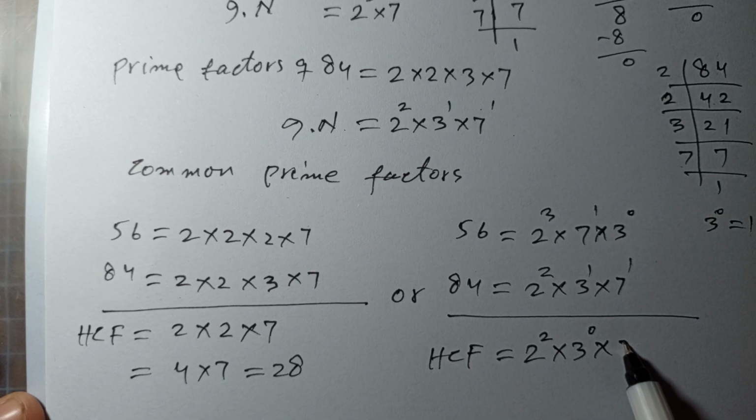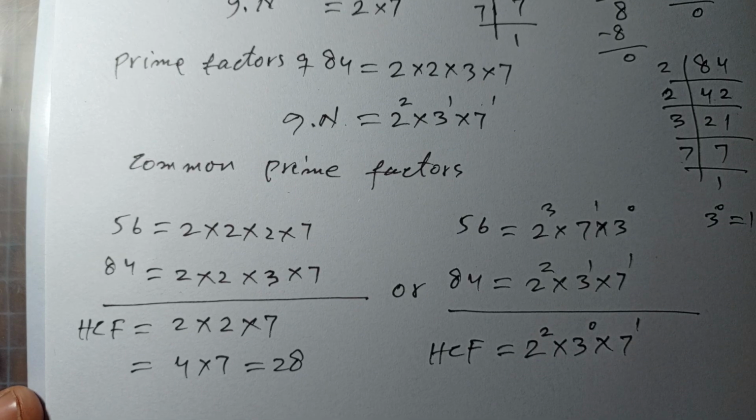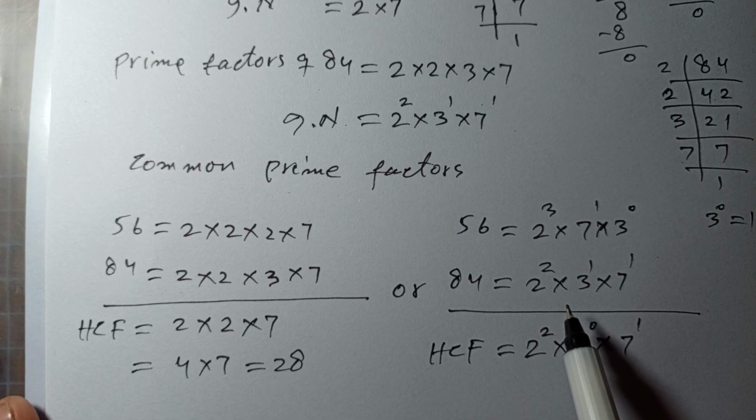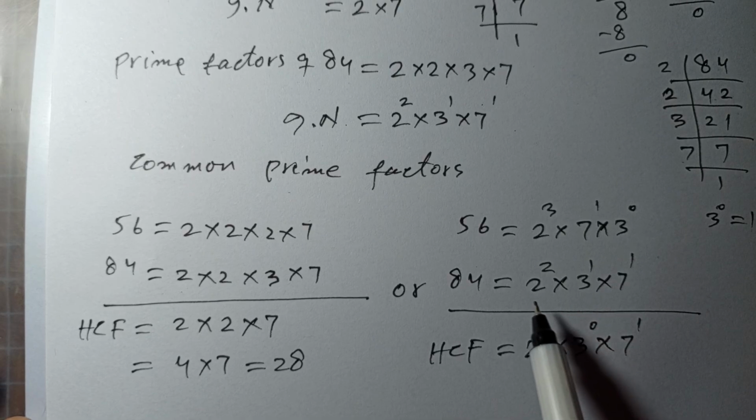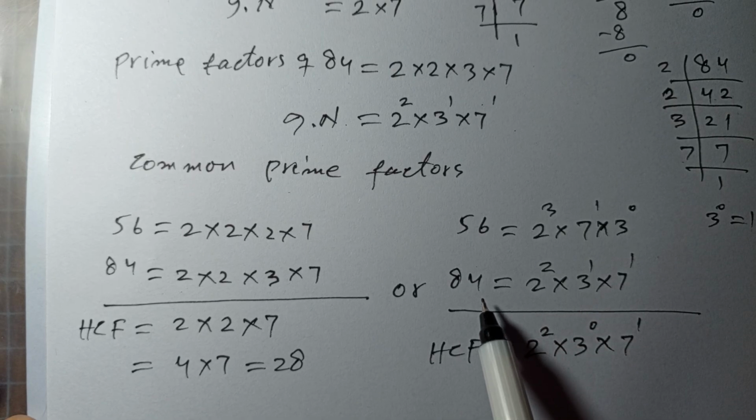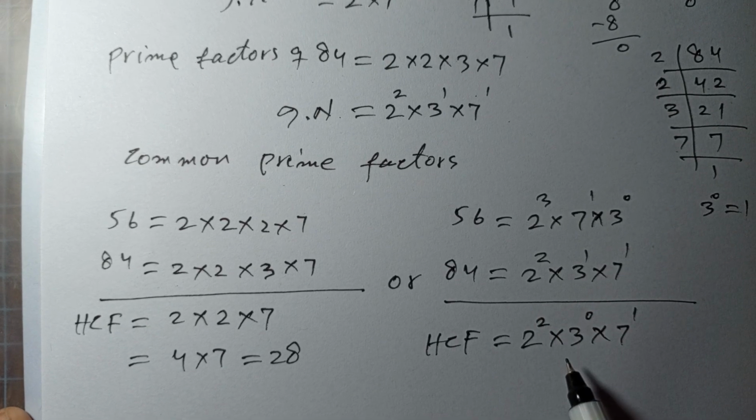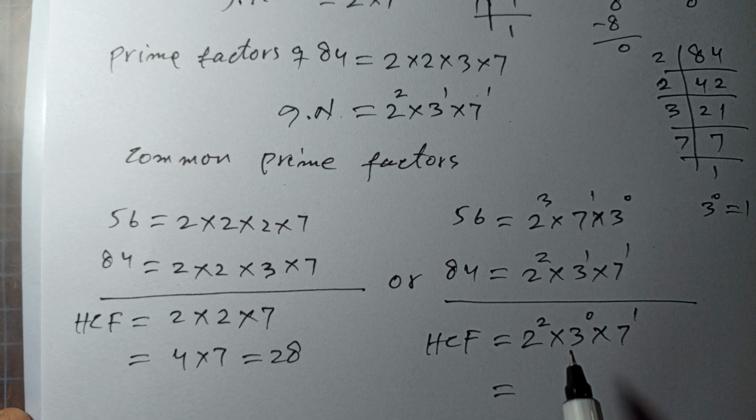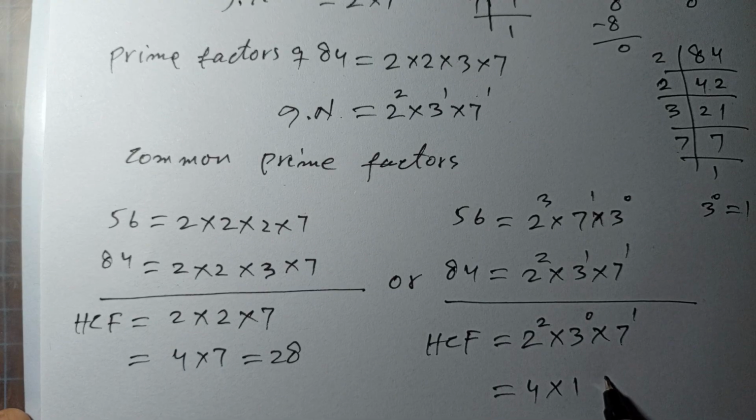You can write 7 raised to power 1 here. You will take all the lower powers from the index notation of the numbers of which you have to find HCF. Now you will see that 2 raised to power 2, 2 multiplied by 2, is equal to 4. 3 raised to power 0 is 1. 7 raised to power 1 is 7.